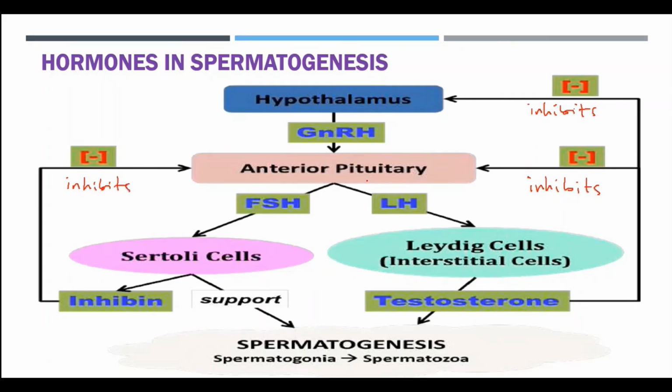Okay, as we know, this will also reduce the level of FSH and LH. This is actually a mechanism known as the negative feedback mechanism, in which it will lower the production of the sperm when the production of the sperm is too much.